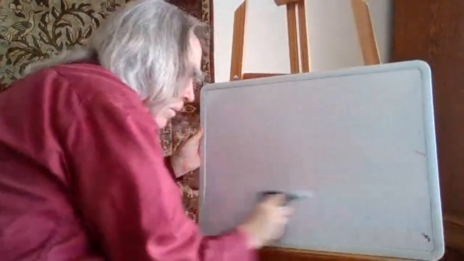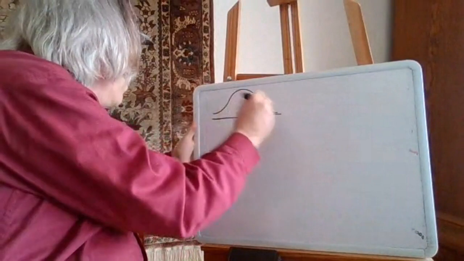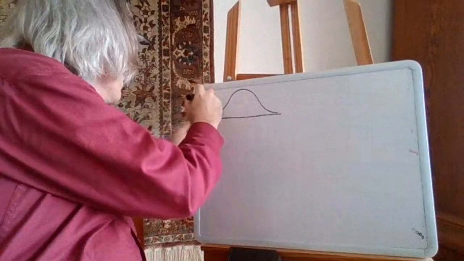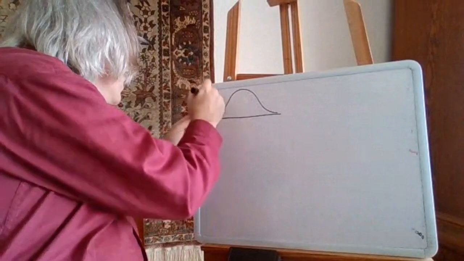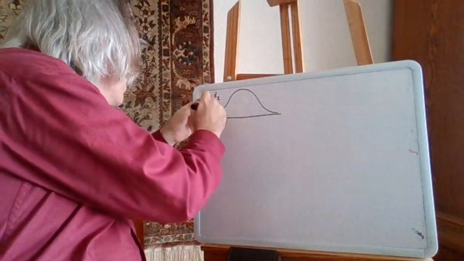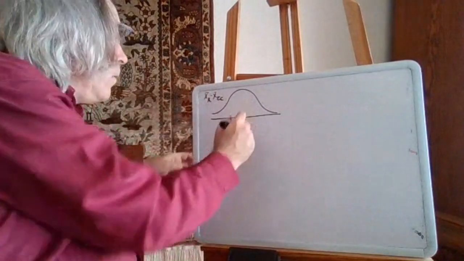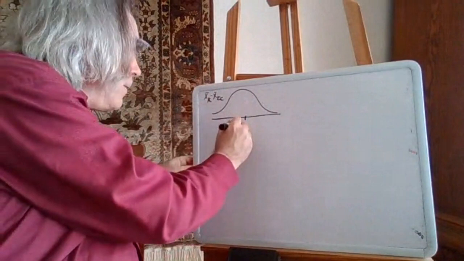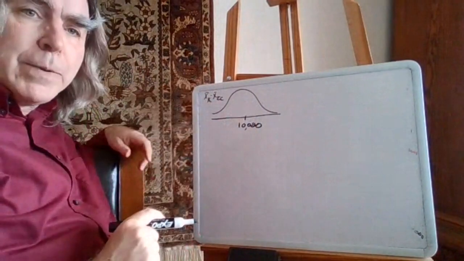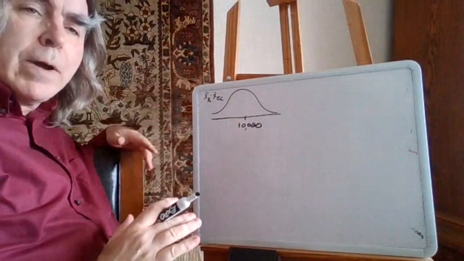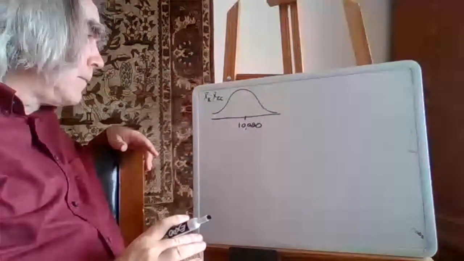So let us now look at what we have. We are looking at X bar 1 minus X bar 2. X bar 1 here is Kingsville and CC, right? We believe in the null hypothesis that the differences are going to be greater than 10,000.